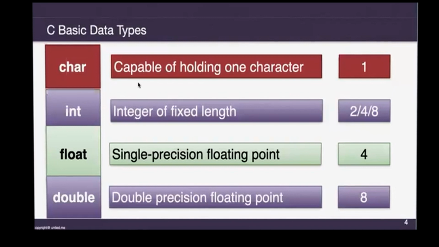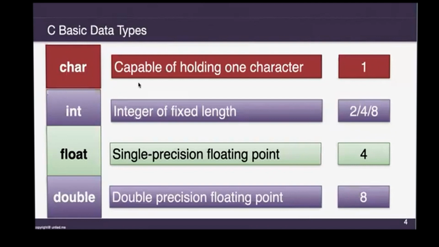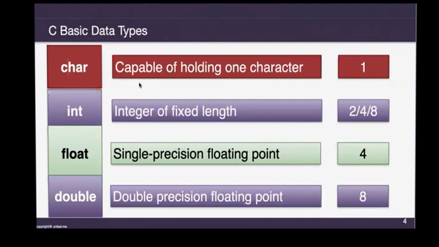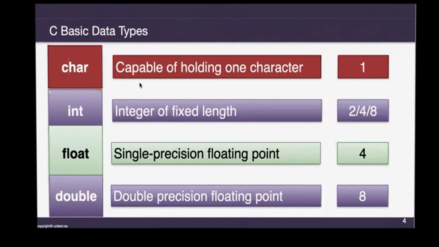If you use char, you can store one character. If you want to store an integer value, you use int. If you want to store a real value, you use float. But if your real number is very large, then you write double. These are data types, but they are also keywords.